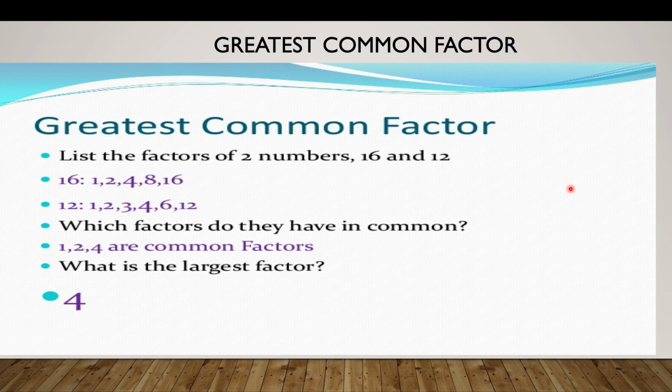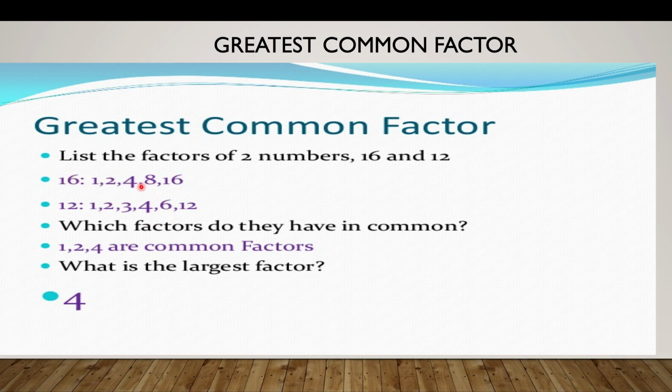You're not going to get any other number, but we don't want to use 2 or 1 because we're going to stay with the same numbers we started with. If we use 1, we end up with 16 and 12. If we use 2, we're going to have 8 over here and 6 over here, and we could still bring these numbers down.